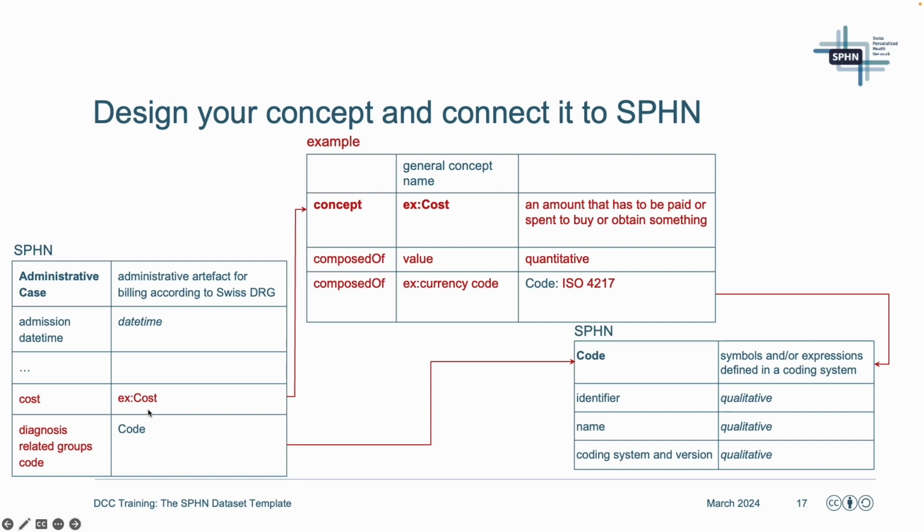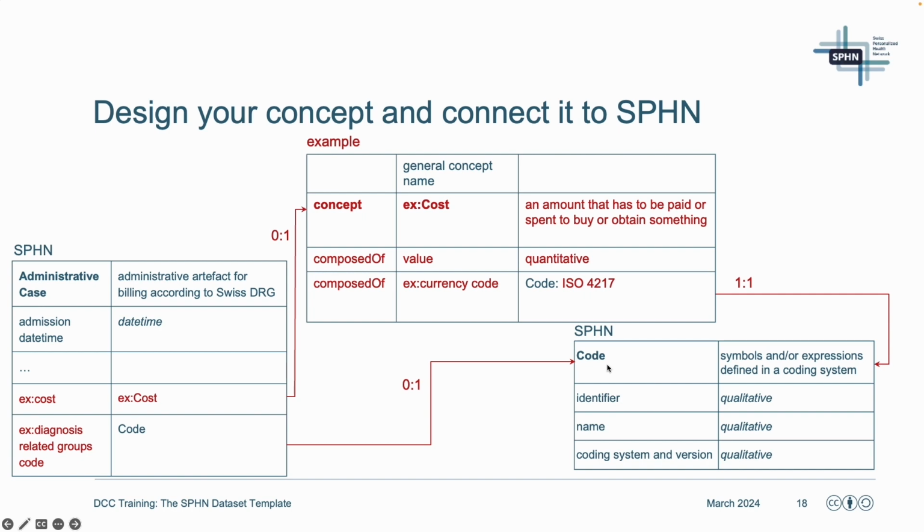Then, suppose you also want to know for each administrative case information about the possible diagnosis-related groups, then it is also possible to add another composed of and add such information. In this case, the type of this composed of connects to SPHN code because the expected element for this information is a code statement, so you simply again reuse the SPHN code.